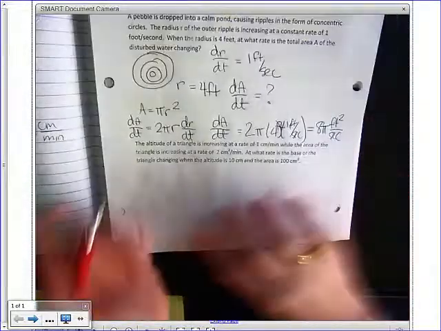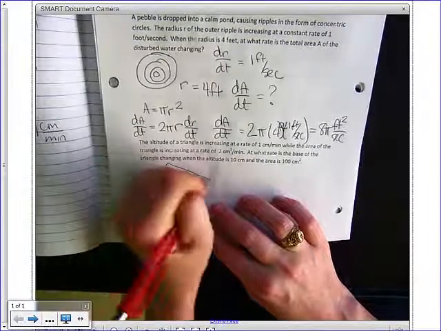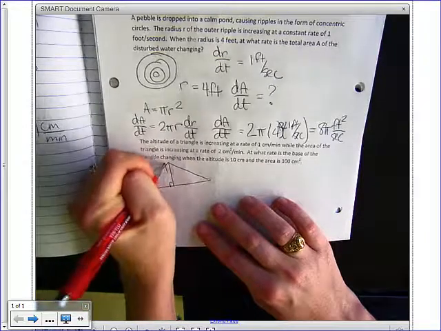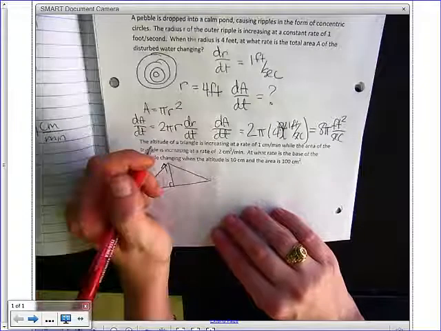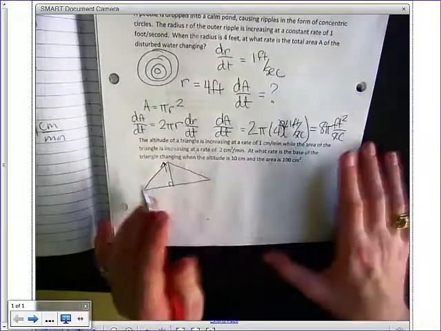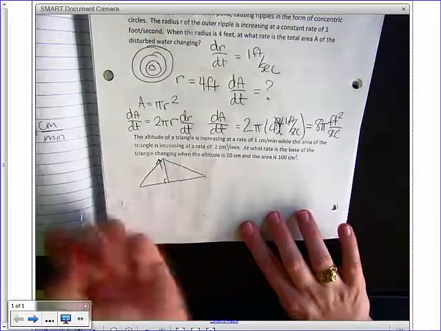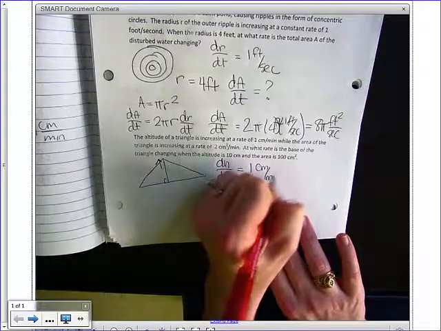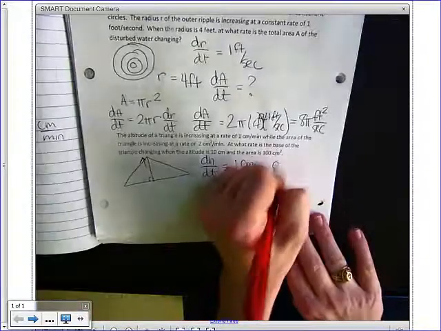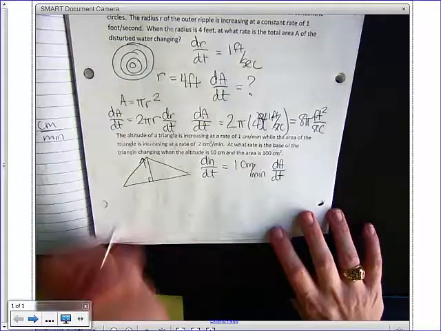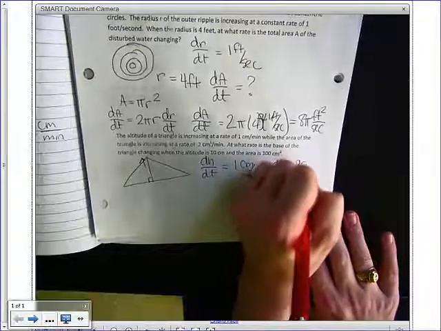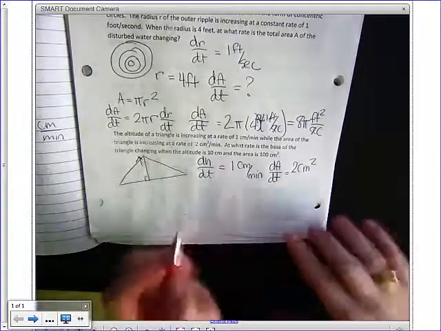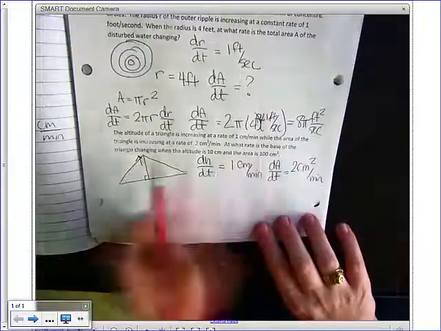A picture of a triangle. The altitude, so let's say altitude is height, so dH/dt is increasing at a rate of 1 centimeter per minute, while the area of the triangle, dA/dt, is increasing at a rate of 2 centimeters squared per minute.